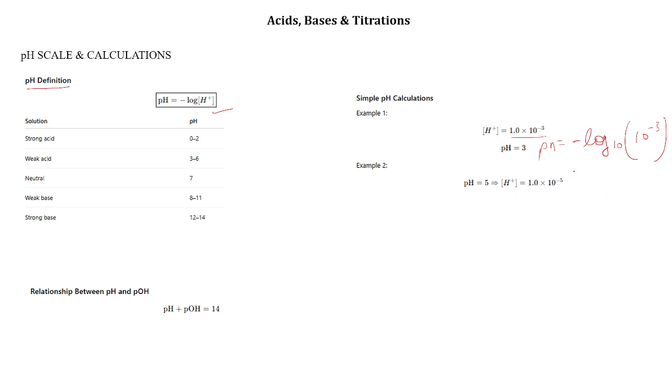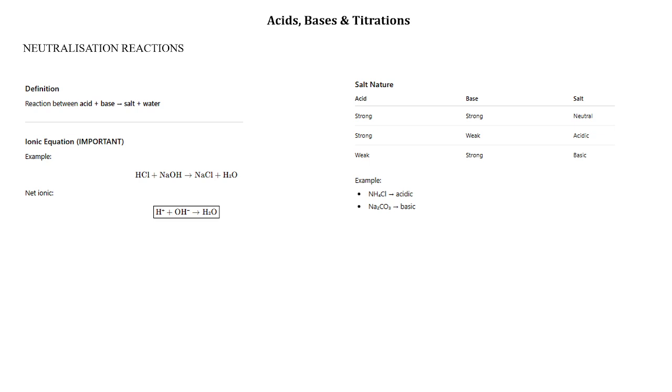When you solve it through mathematics, minus minus plus 3 log 10. So what would be the answer? What is the value of log 10? It's 1. So what would be the value of pH? It's pH 3. So it's very simple. You can easily solve these questions.